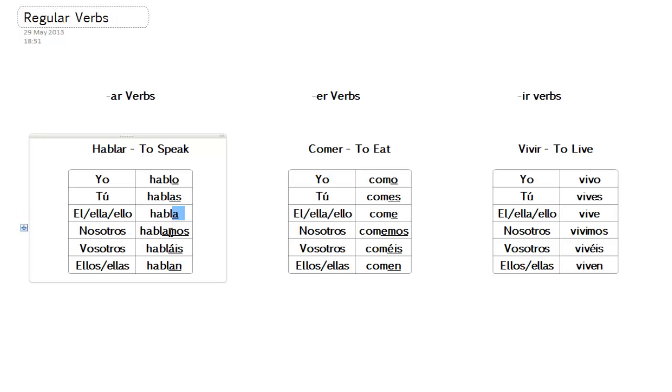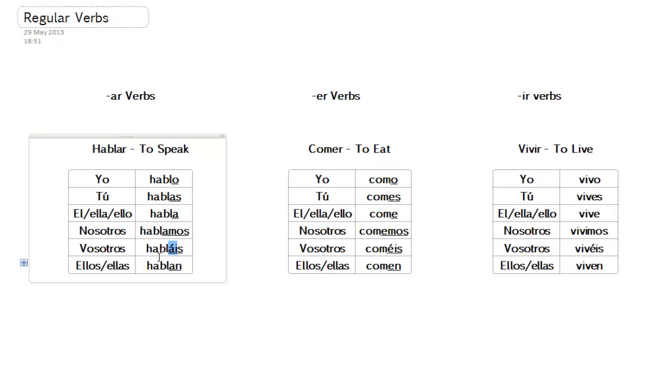Now remember the stress. Hablamos, that's we speak. Habláis, oh, we have a diphthong here. Habláis español. If you're talking to more than one person, habláis inglés, do you speak English?